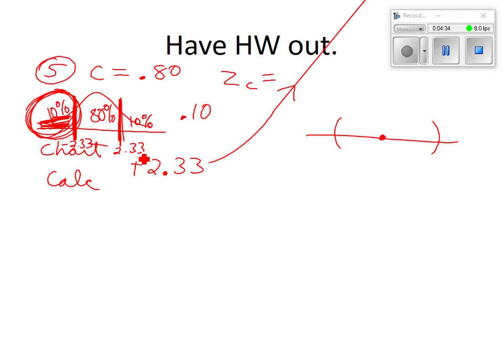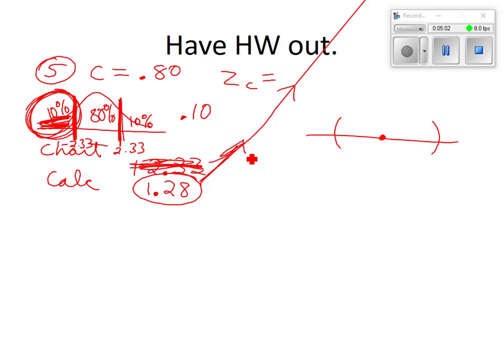So we want 0.1, not 0.01. 0.1003, that's pretty close. So we look at it's 1.28. Is that right? That's our critical value. Make sure you're looking at the right number.